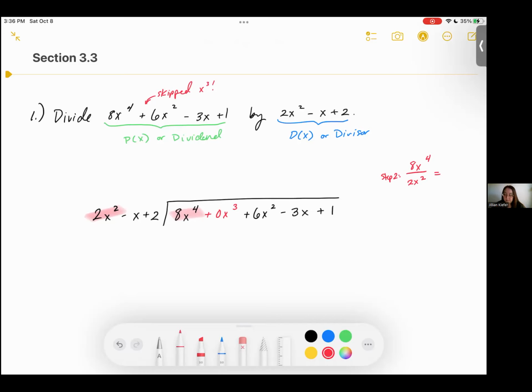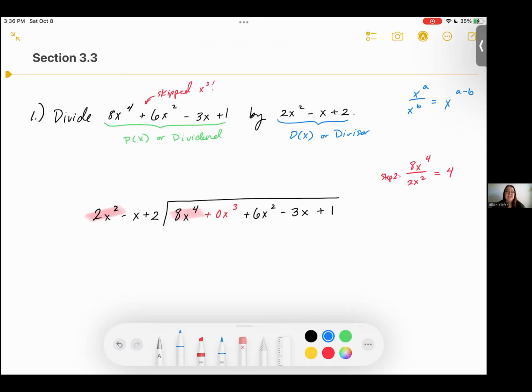8 divided by 2 is going to be 4. And then we have x to the power of 4 divided by x to the power of 2. As a quick note, anytime you have your terms being divided, let's say x to the power of a divided by x to the power of b, this would end up looking like x to the power of a minus b.